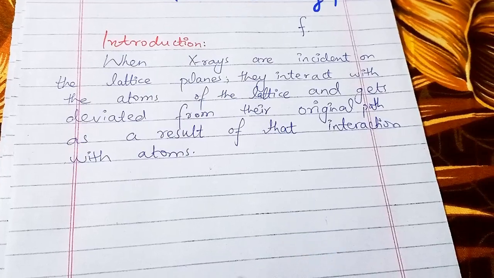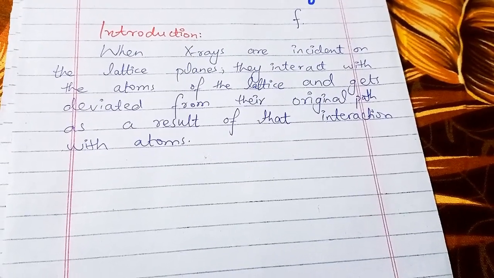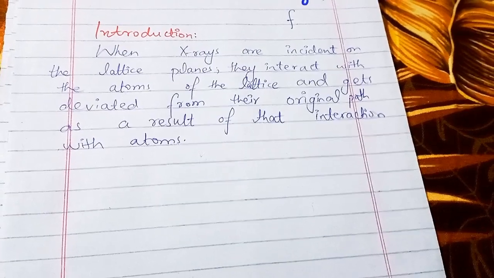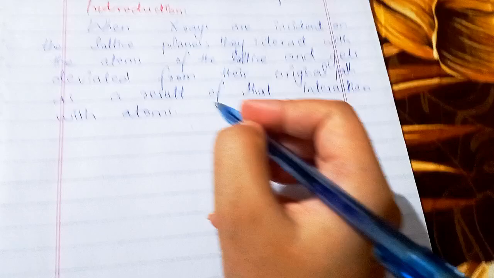Now, an atom is made up of a nucleus surrounded by the electronic cloud. Now, let's see what actually significantly diffracts and scatters the X-rays.